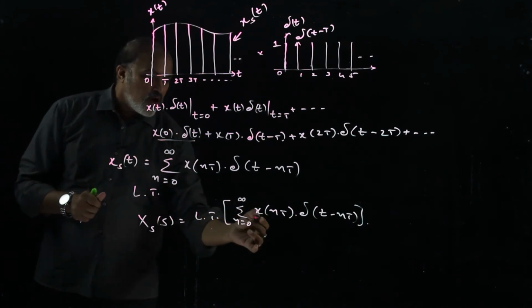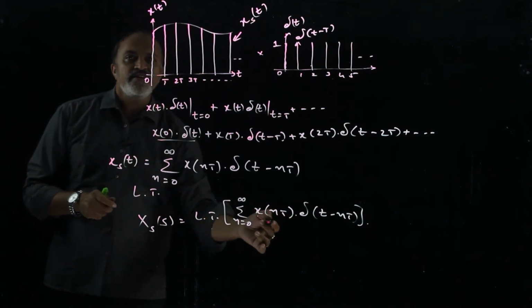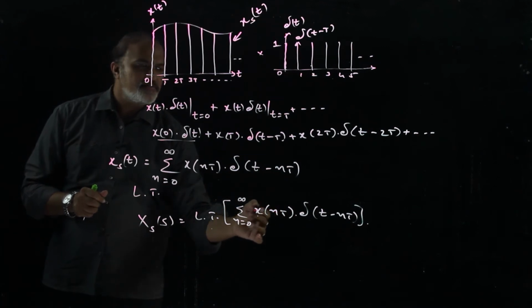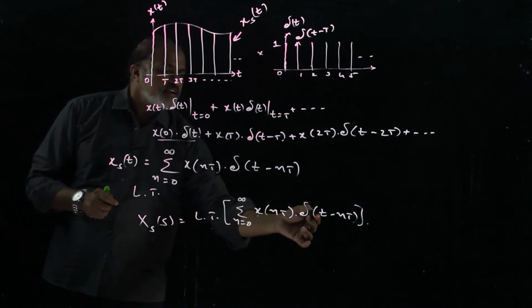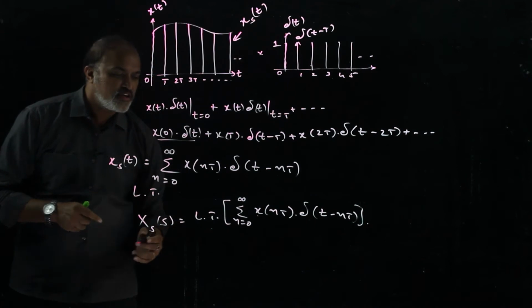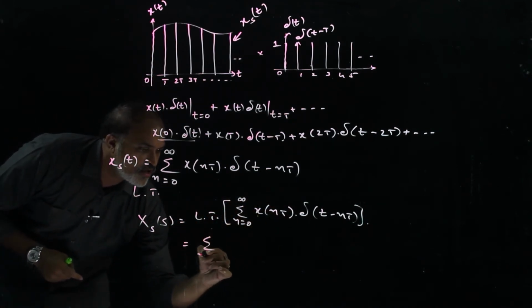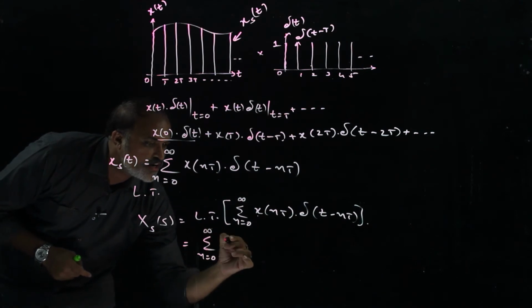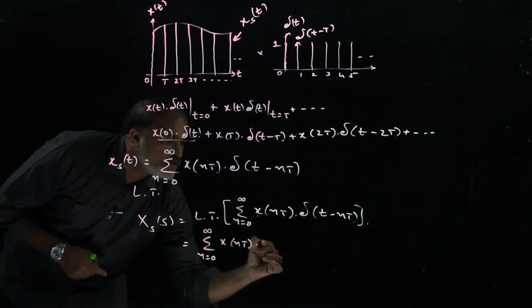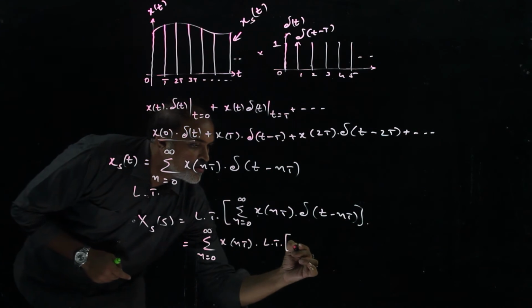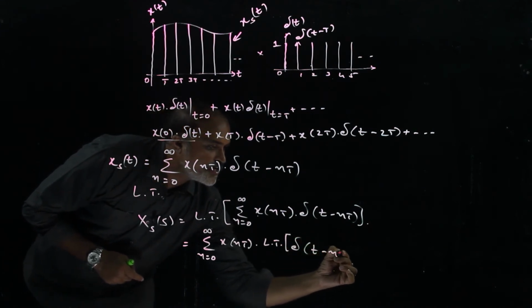Now x of nT is not a function of the time variable t, and the impulse train is only a function of small t. So now we can rearrange this as sigma n equals 0 to infinity x of nT into the Laplace transform of delta of t minus nT.